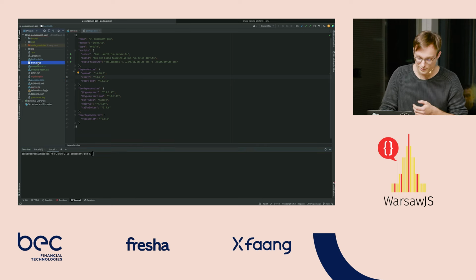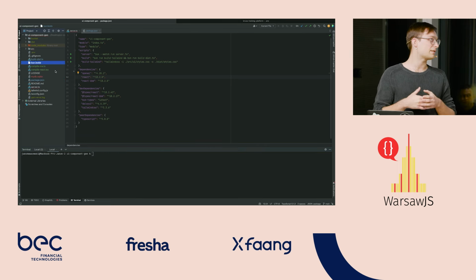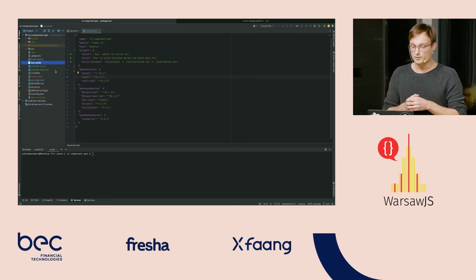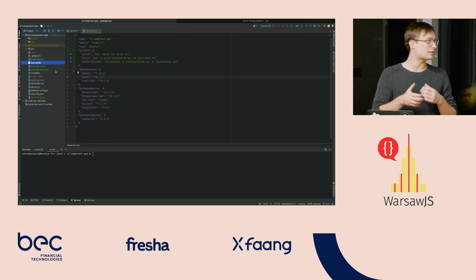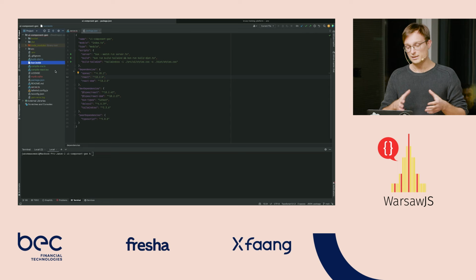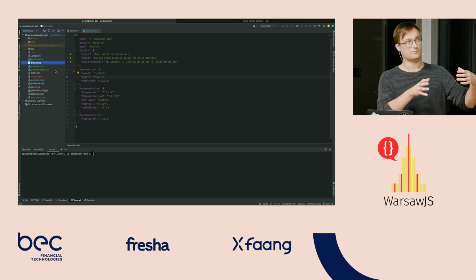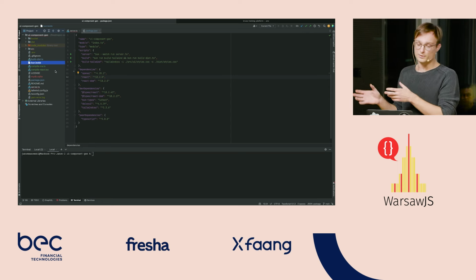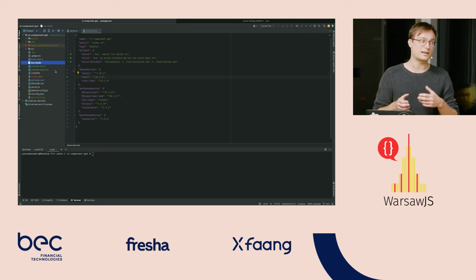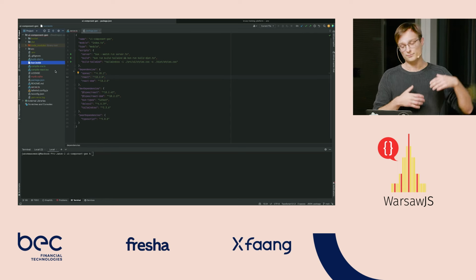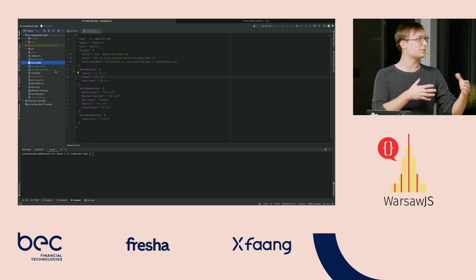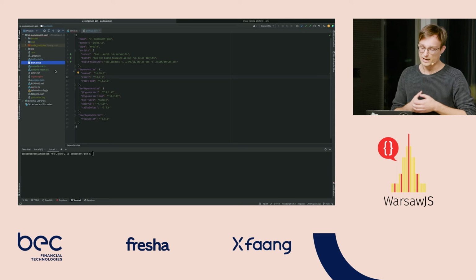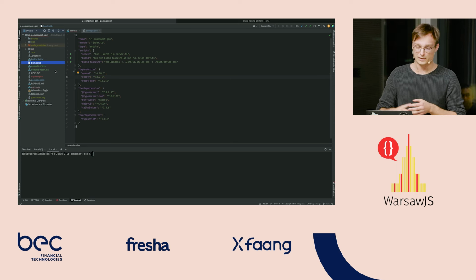But we also have here bun.lockb, which is similar to yarn.lock or package-lock.json, but it locks dependencies slightly differently, because if you install dependencies of a specific version, and you want to install the same dependencies in another project, they won't be installed from the beginning, but they will be taken from cache. So it's quite good for saving space.